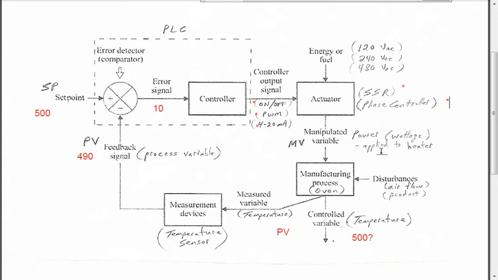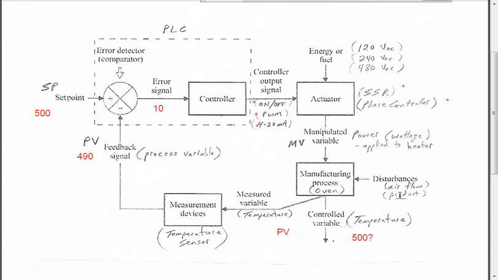In our case, it's the actual wattage that's delivered to the heating element, and then the heating element would sit in here in the oven. As the oven temperature is monitored, the feedback loop will be the thing compared, and the controller will call for the actuator to throttle up or down, call for more or less of the manipulated variable.